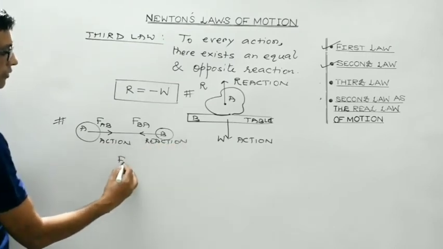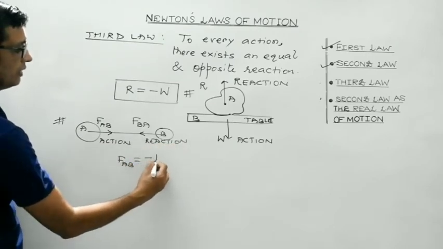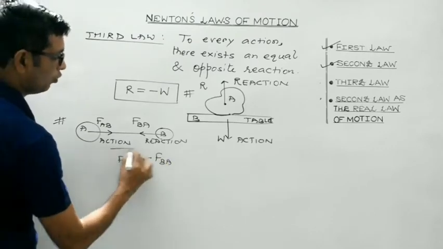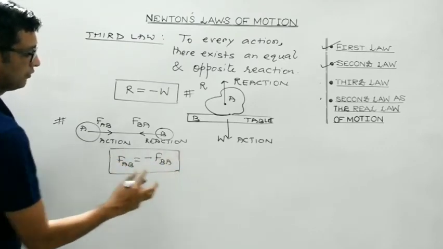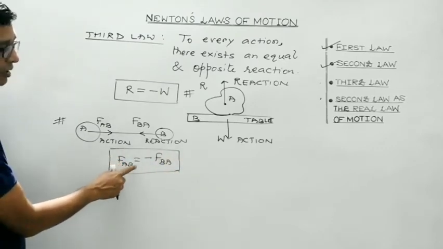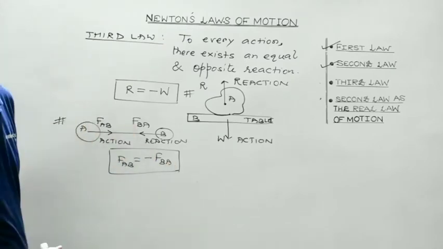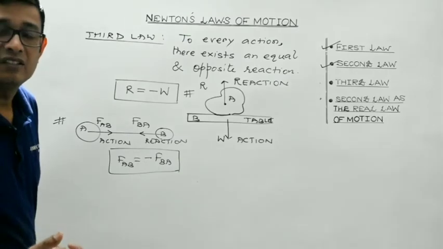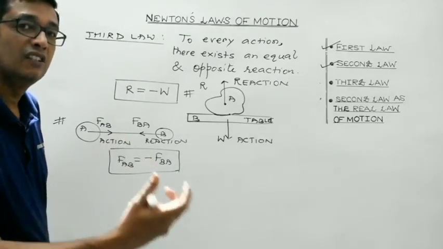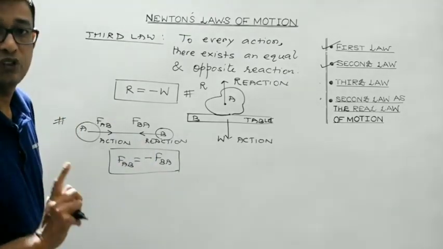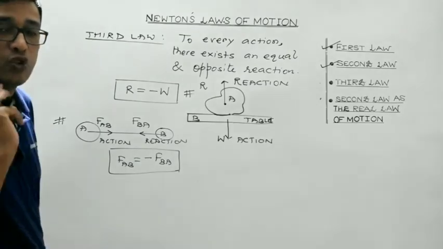So here FAB would be equal to minus FBA. What it suggests is the force experienced by body A on body B is equal and opposite to the force exerted by body B on body A. If one is called action, the other one may be termed as reaction. Clear, students? So what's the main conclusion basically?